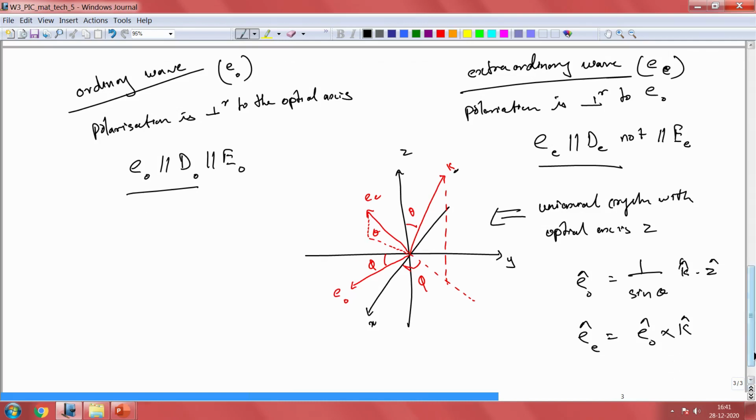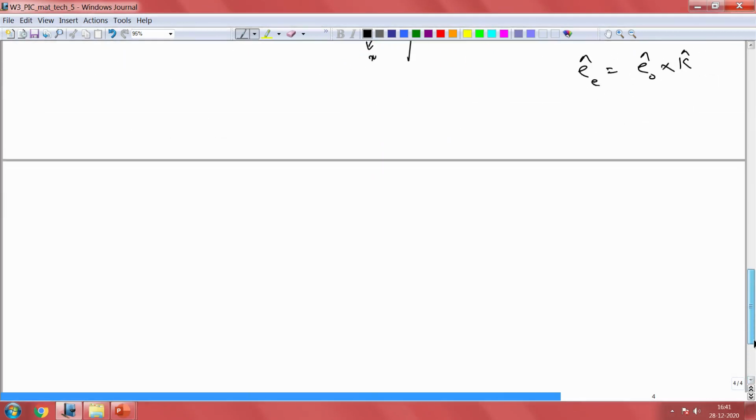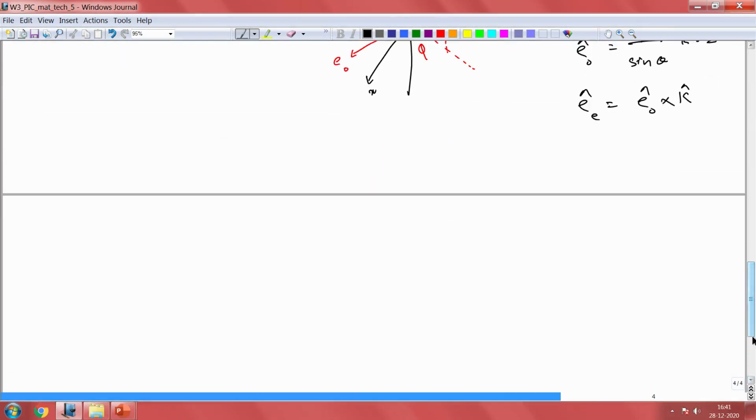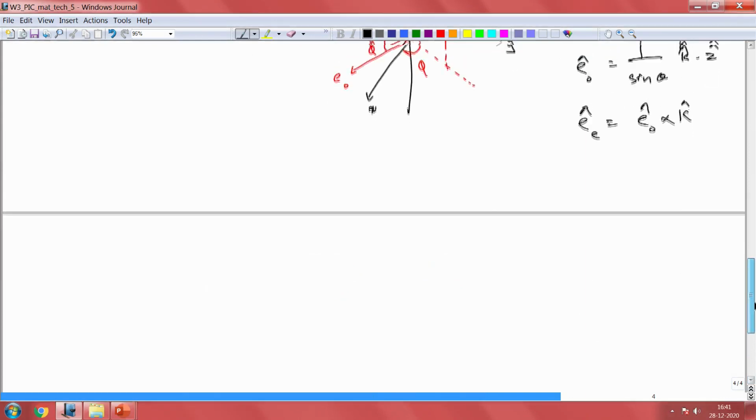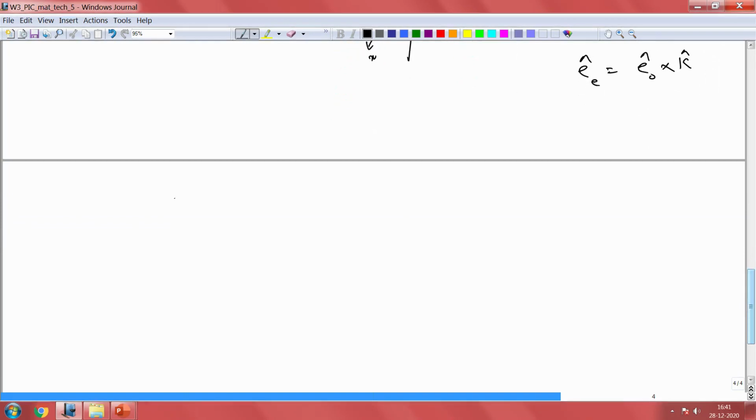So, let us look at a little bit more here, how you can use this to understand the two waves. So, let us take a plane. So, this is your optical axis, z here, right.